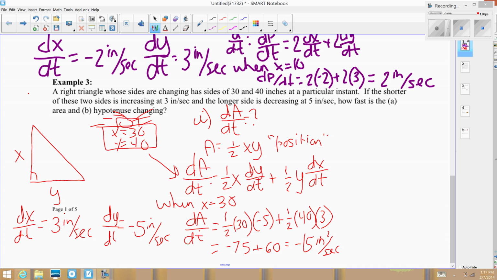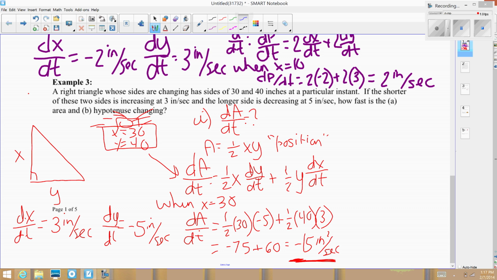As my summary statement, I would say the area is decreasing this time at a rate of 15 square inches per second.